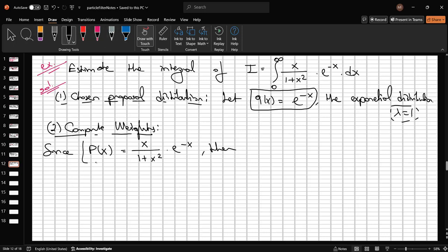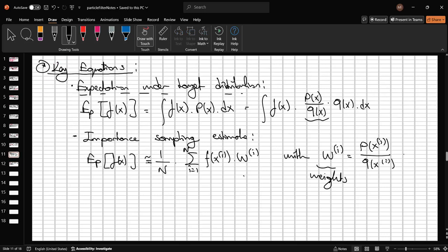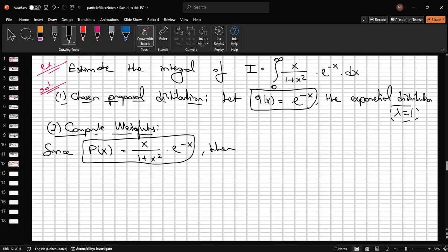But remember that this is p(x), okay? Because just remember that it is p(x) divided by q(x). This is the q(x) given in here, but p(x) is a complete term. Just remember that, okay? And so w_i equals what?